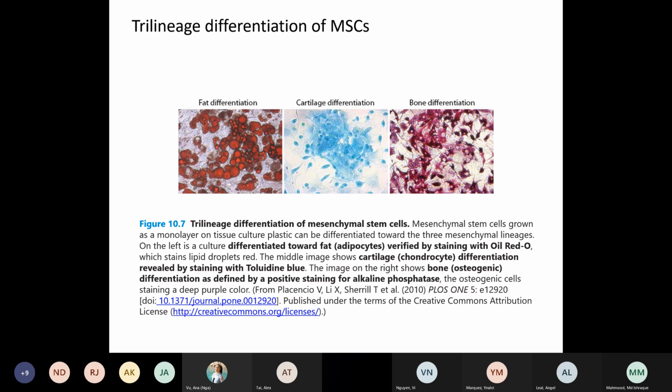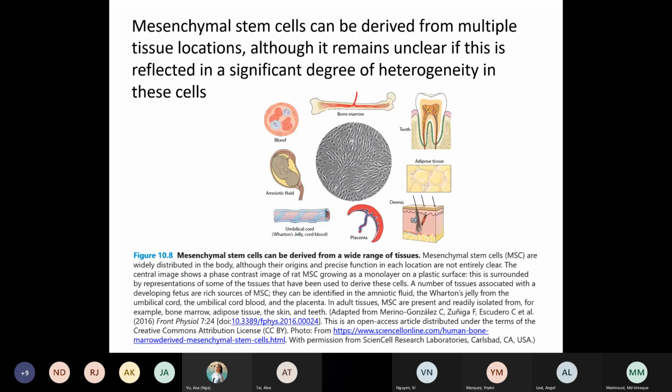Although this is positive staining for alkaline phosphatase, actually what you are applying is a specific substrate for alkaline phosphatase. So this is how you demonstrate the tri-lineage differentiation from mesenchymal stem cells.